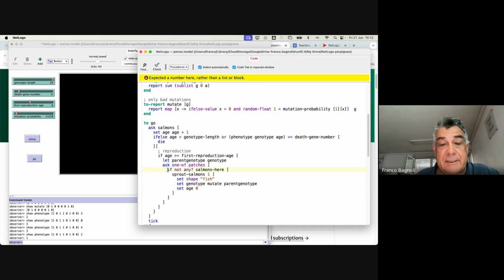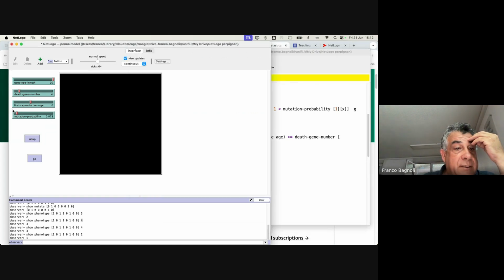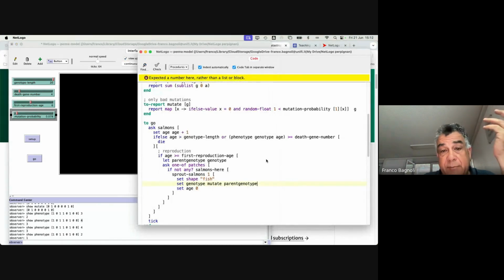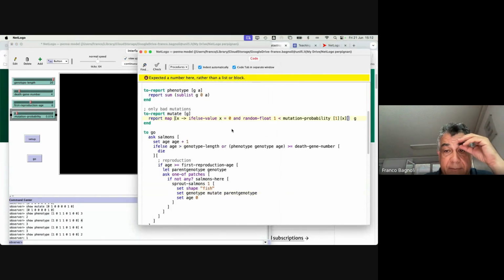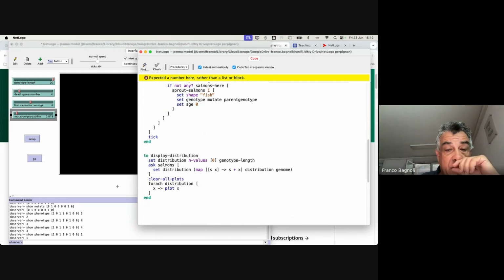If there is no salmon there, then the patch sprouts, so it generates a salmon with the genotype of the parent mutated by this mutation probability. With this mutation probability, the mutation is this one. Set age 0.